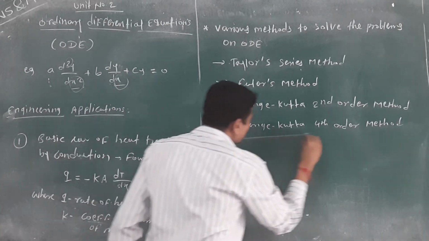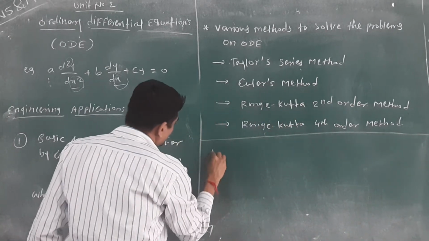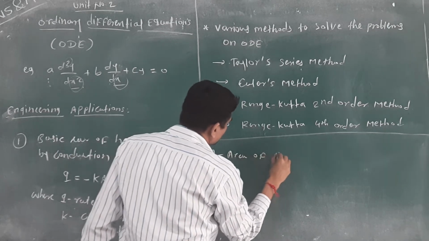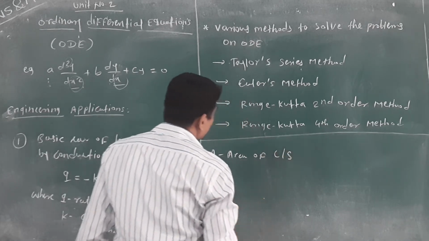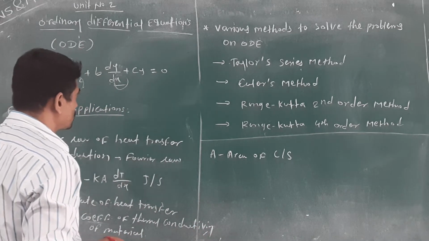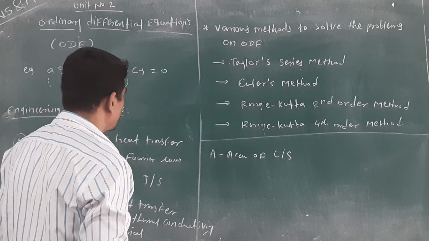Then what is A? A is the area of cross section, given in mm square, meter square or centimeter square.